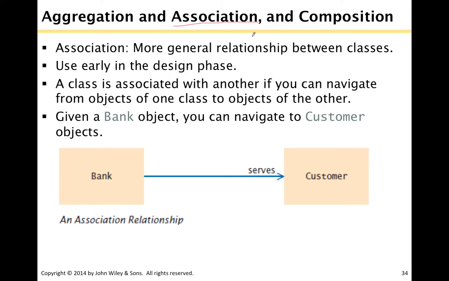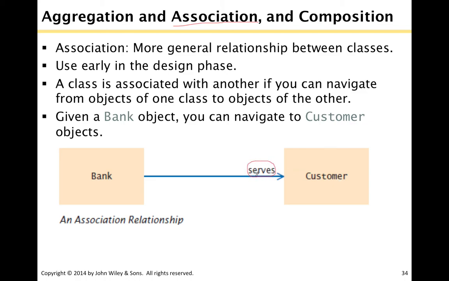For example, between bank and customer, this is not a bank account, so none of the specific relationships makes sense. But they are related. What you find is that the bank serves the customer. So the relationship specifically is serves.